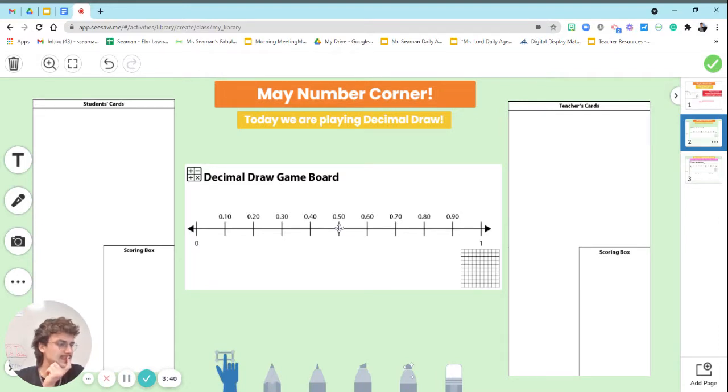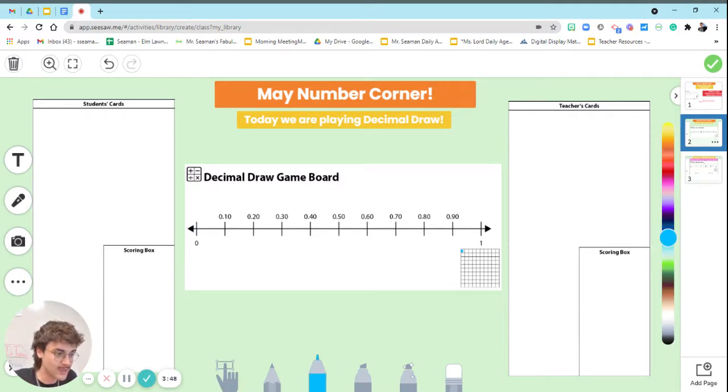Well, 62 100ths, I know that means that I have 6 rows of 10 filled out. 3, 4, 5, 6. And when I think about the 6 rows of 10, that means that I'm going to have at least 60.